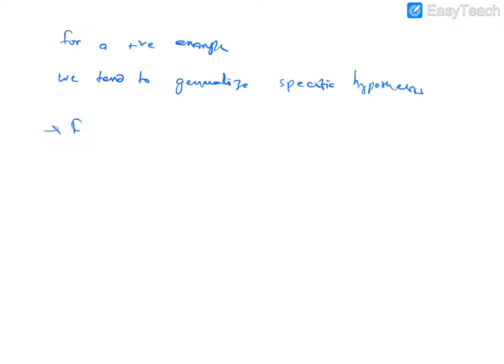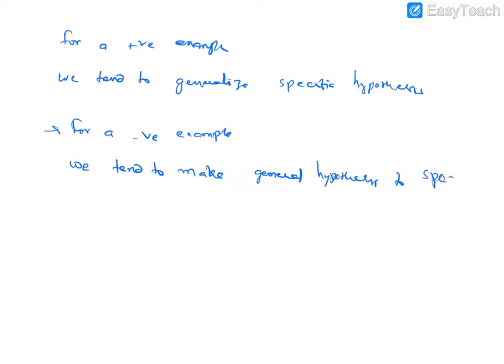For a negative example, as I already told you, since the data has both positive and negative examples, we tend to make the general hypothesis more specific.